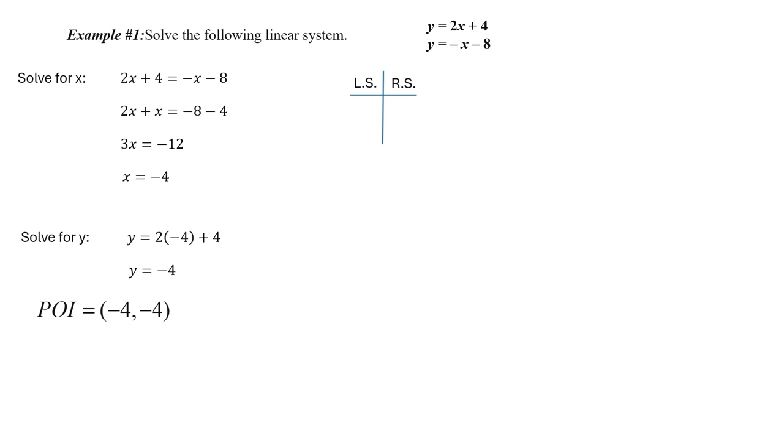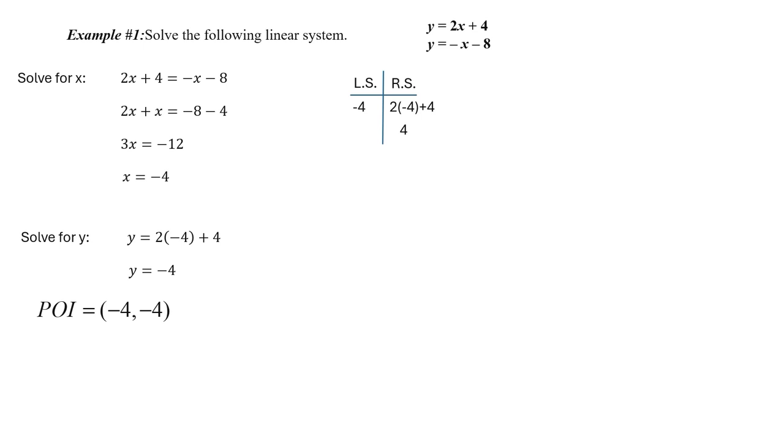Now, many of these questions are going to ask for us to check to see if our values are the same. So we have two equations, y equals 2x plus 4. Our left side, our value of y, is -4. We plug that into the equation 2x plus 4 and check to see that our left side equals our right side, which we can readily do.